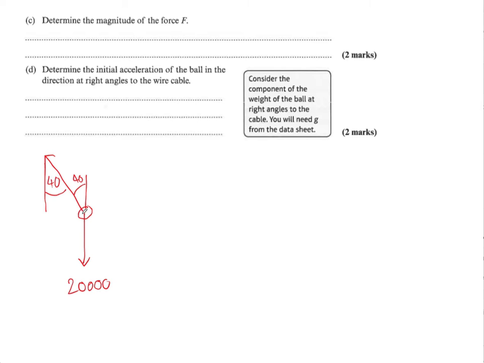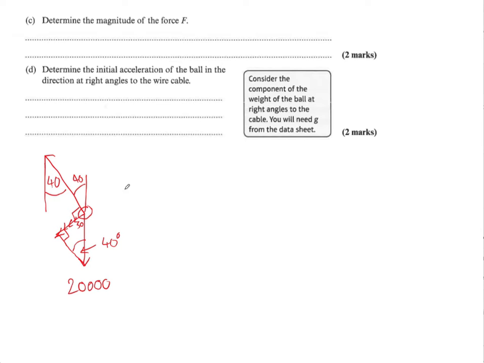We're asked to calculate the magnitude of the acceleration in this direction. That's 90 degrees, which means that this is 50 degrees. This is at 90 degrees here, so this angle here is 40 degrees too.